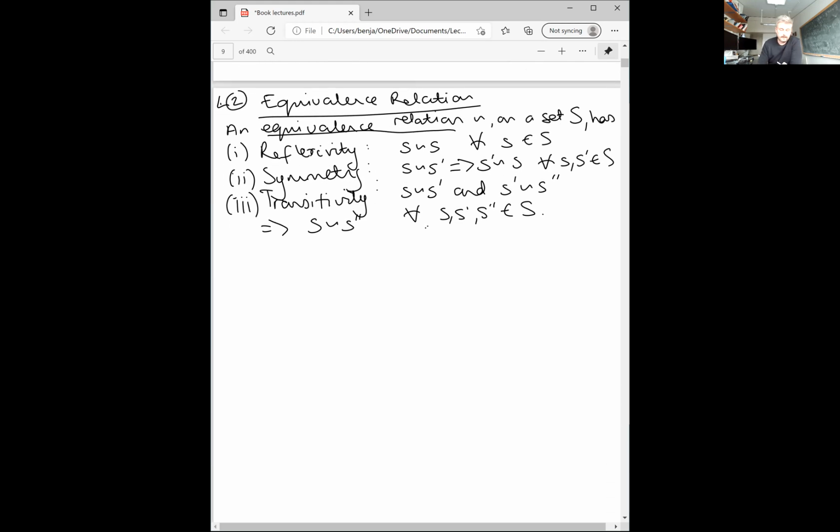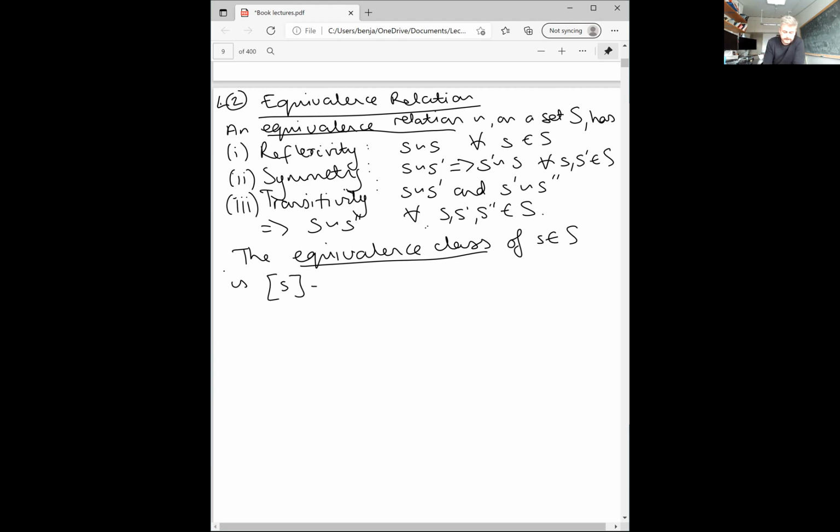Okay. So we write the equivalence class of some element in the set with square brackets. So the equivalence class of some element little s in the set big S is written as square brackets around little s.